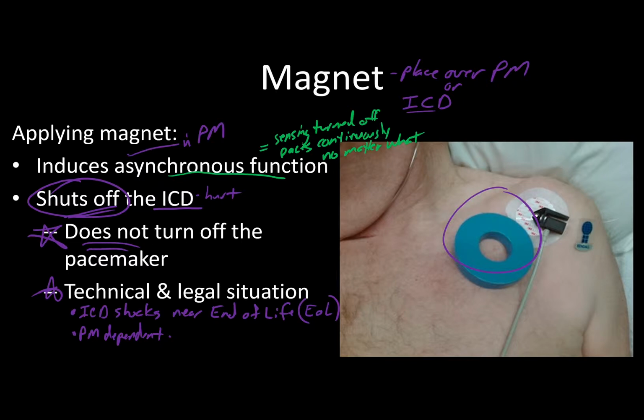And if the patient has a pacemaker, they're dependent on it. From a hospice standpoint, we keep it running because having a beating heart is kind of looked at as maintaining quality of life.